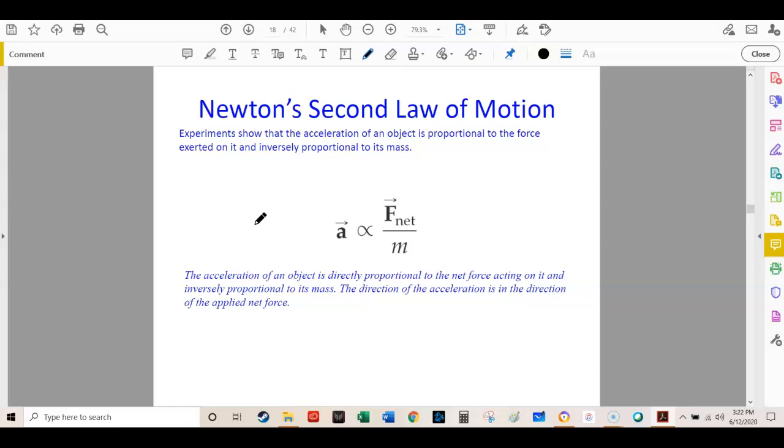The second law is actually kind of easy to understand, really, because it's just a quantitative relationship between acceleration, force, and mass. Okay? So again, you have force over mass is equal to acceleration, or another way it's written is force is equal to mass times acceleration, right?